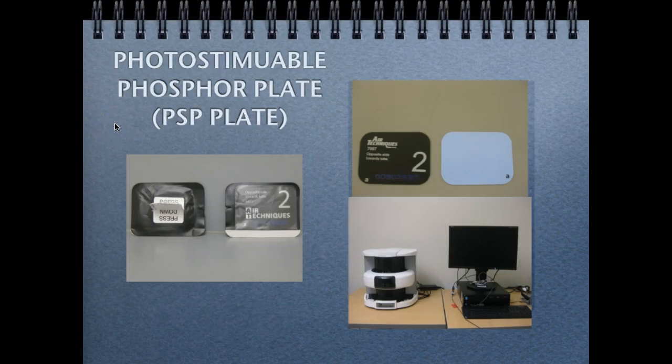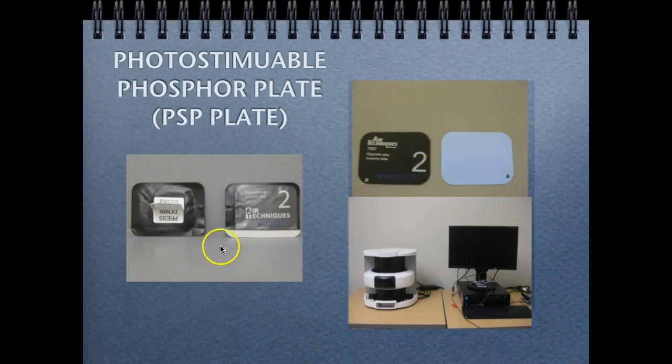Then we have the photostimulable phosphor plate, also known as the PSP plate. And the PSP plate is actually an indirect digital system. So you have something that looks like a film, but it can be reused. And it's placed in a barrier envelope or a little packet and sealed so that no saliva affects the plate.